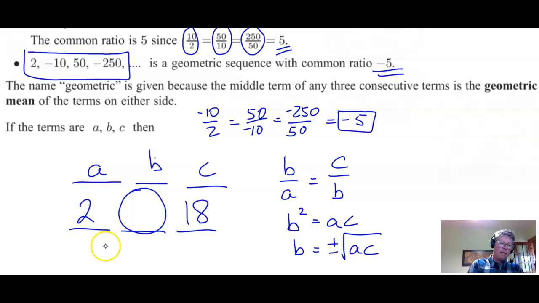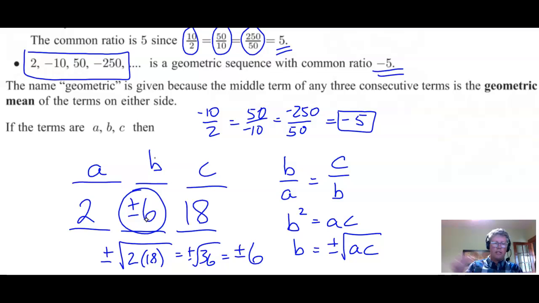And what we do is we say that is equal to plus or minus the square root of 2 times 18, which is plus or minus the square root of 36, which is equal to plus or minus 6. So in your head, let's think about it. Yep, looks like I'm multiplying by 3, multiplying by 3. Beautiful. Multiplying by negative 3, multiplying by negative 3. They both work. Awesome.